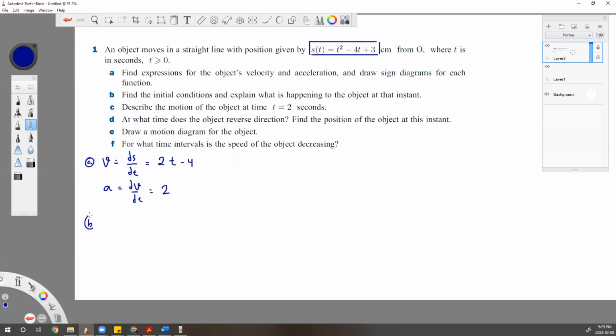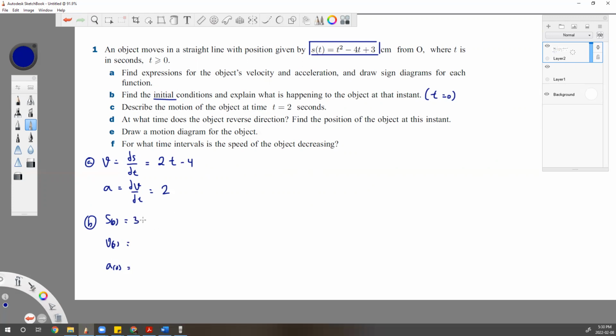Find the initial conditions, where t equals 0. That's the rule, so you have to find s0, v0, and a0. s0 is 0 minus 0 plus 3, so 3.